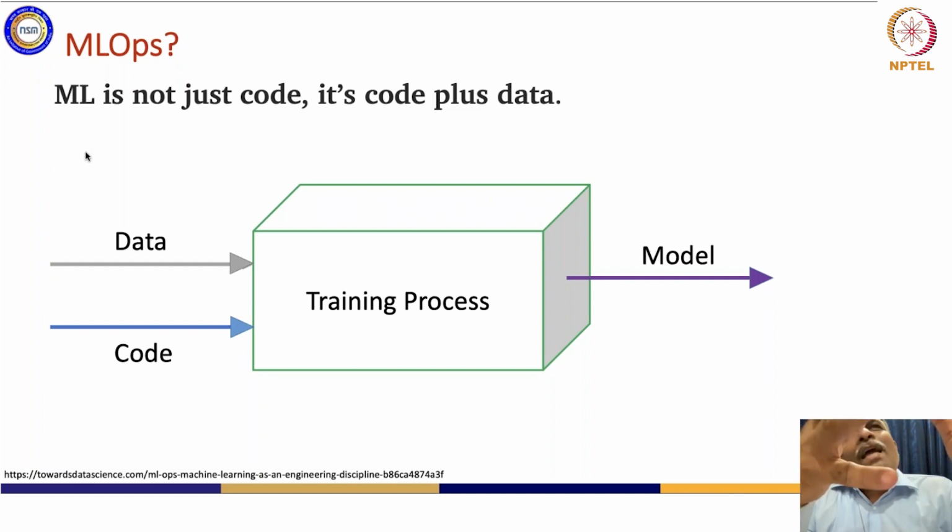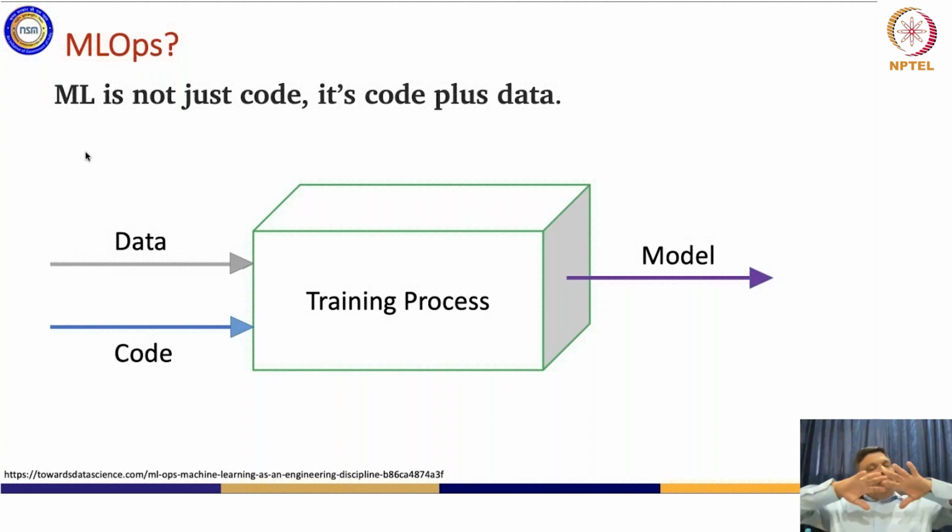At the same time, you will have to implement it, deploy it, see that it is operational, and see that people are using it. So it also has two things, the development and the operational aspect of it. And since it is related to machine learning, MLOps came into the picture.